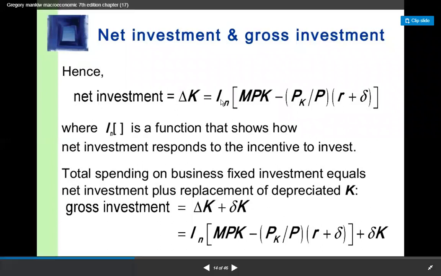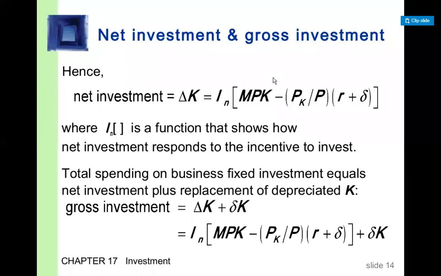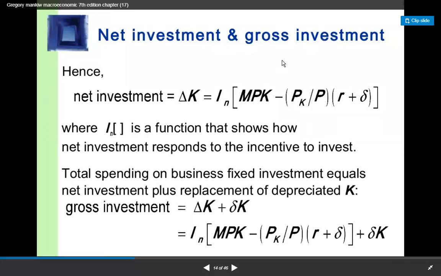This is the sign of net investment, function sign. In place of F, sign of function, net investment is a function of profit rate. We have done this already. This is the profit rate.